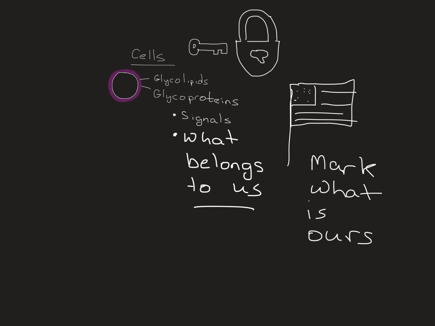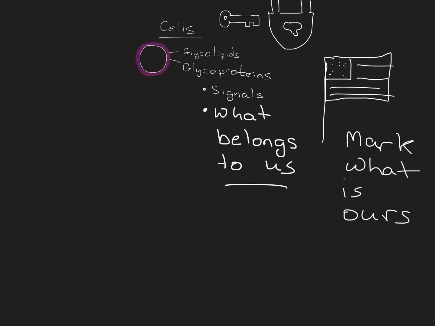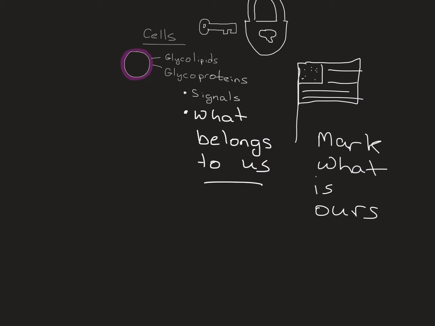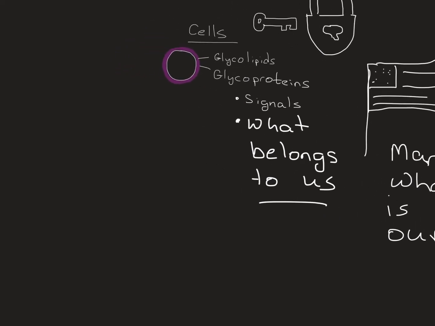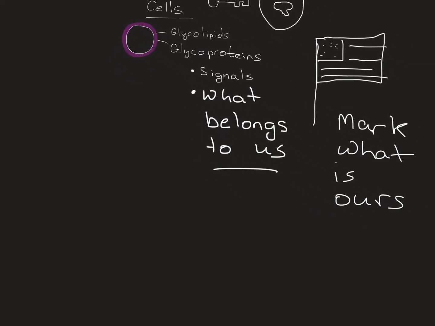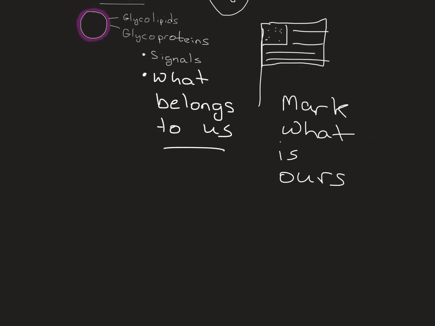What belongs to us? It could be a lock and key. It could be an enzyme in that space outside the cell membrane. What belongs to us? And one example is this idea of blood groups. You've heard of blood groups before? Yep. What blood groups have you heard of?